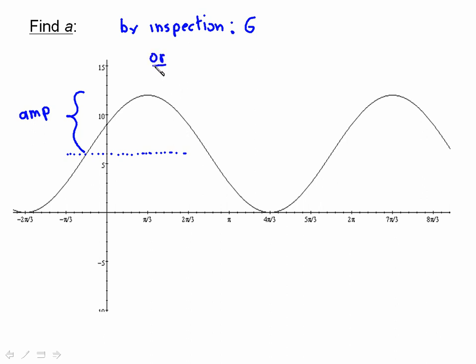But you can also get the a value, the amplitude, by going max minus min and then dividing this by 2.